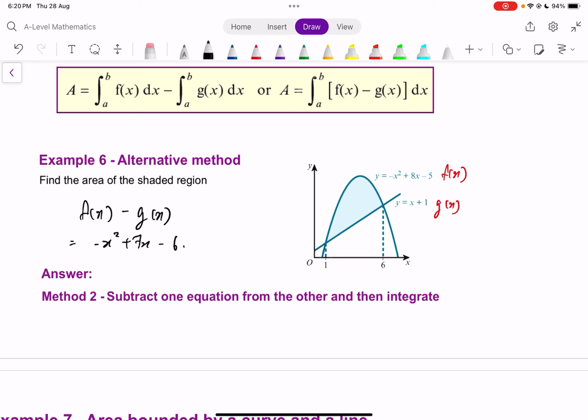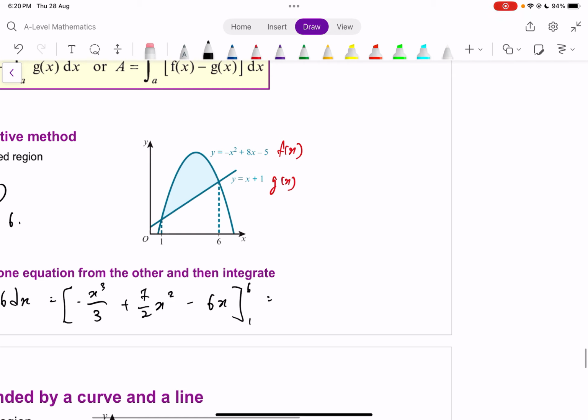Am I doing it correctly? Yep. So then we directly do the integration. You can see it is actually less chaotic. Negative x cubed over 3, plus 7 over 2 x squared minus 6x, from 1 to 6, and so on. They all end up with the same answer.